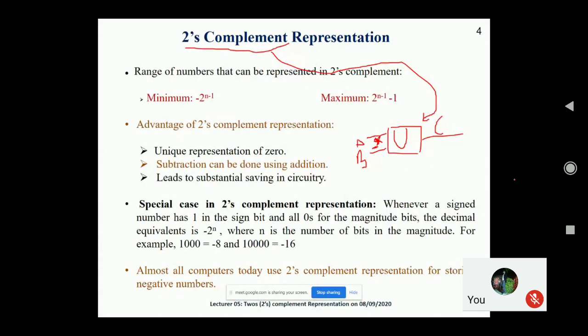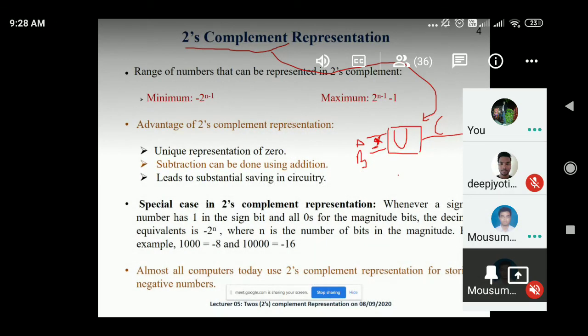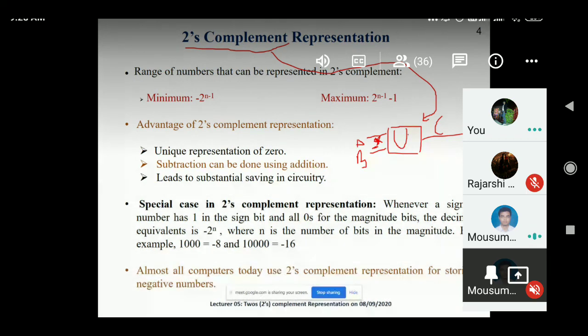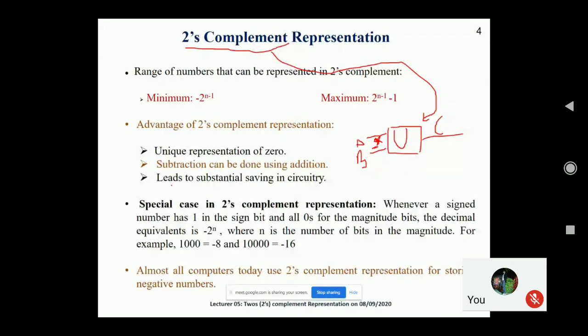Are you getting my point? Yes, sir. So we are using the same circuit for plus and also minus, and we can say we are substantially saving circuitry.